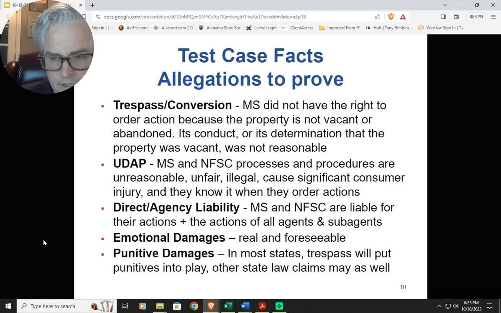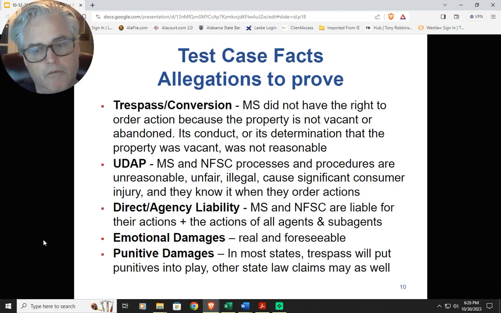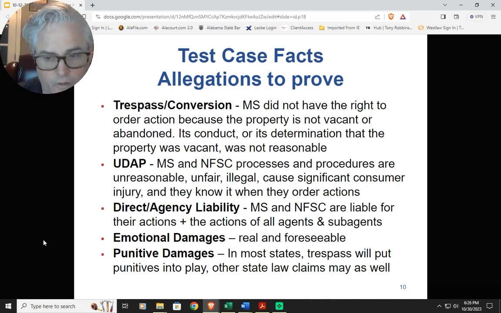And in some states, you can get punitive damages for your conspiracy count depending on the underlying wrong. So if the underlying wrong is a tort that allows for punitive damages, then conspiracy will also allow for it, at least in my own experience.